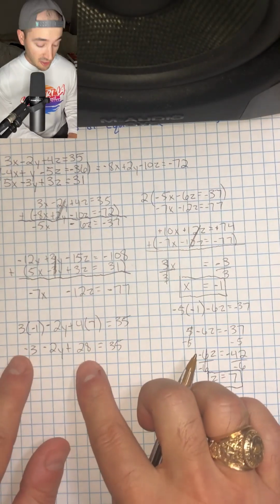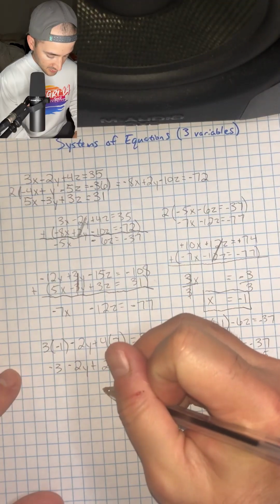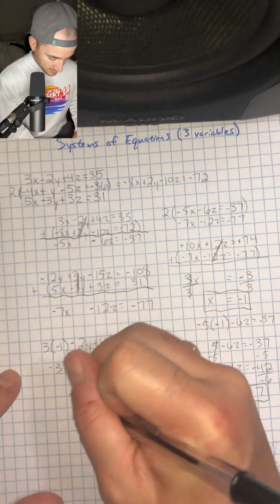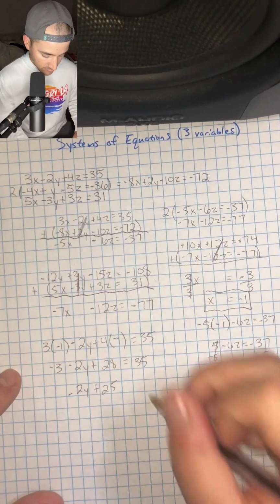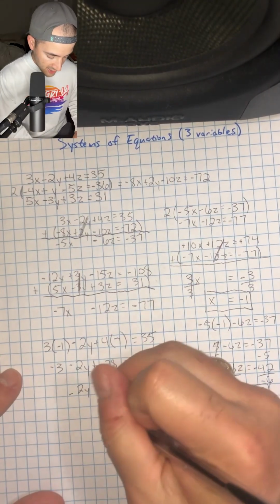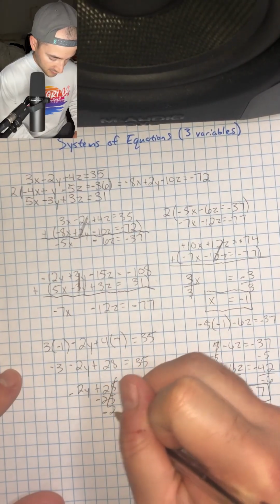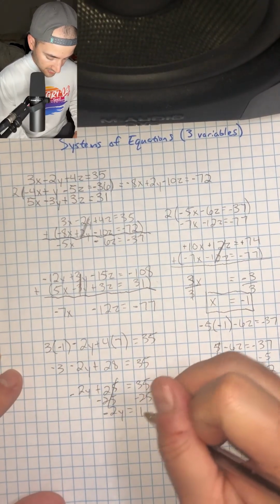So now we have like terms we can combine. So negative 3 and 28 make positive 25. So we have negative 2y plus 25 is equal to 35. Now we can subtract 25 from both sides to get negative 2y is equal to 10.